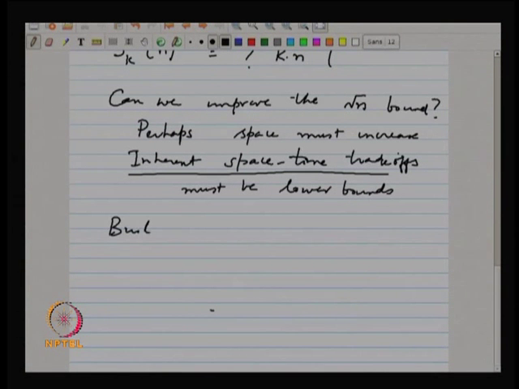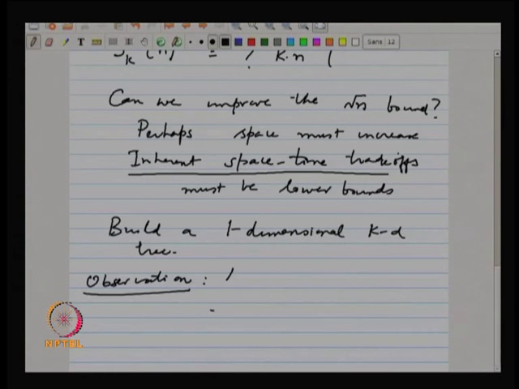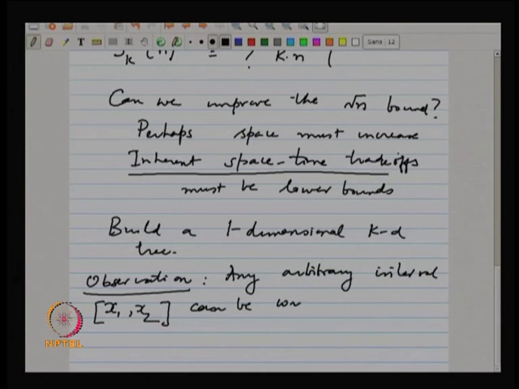So, build a 1-dimensional KD tree, okay, and the observation is that any arbitrary interval x1 x2 can be written as a union of, I will leave that blank, disjoint, well, these are canonical intervals, right.